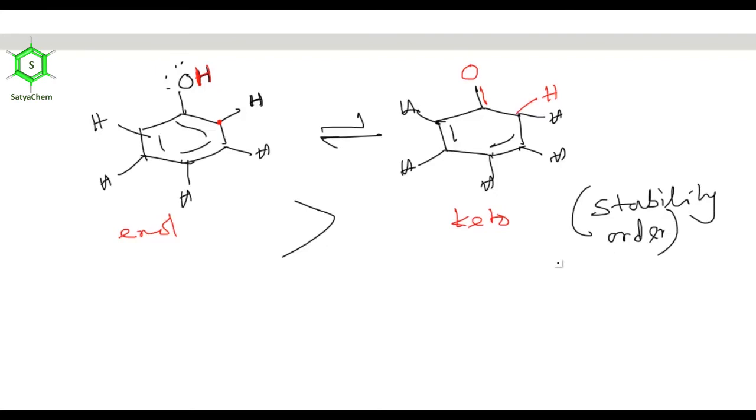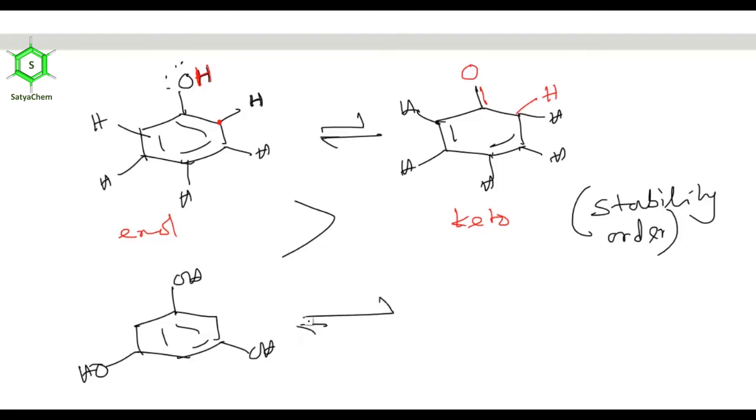Clear? But now I am going to give you another example that is also very interesting. That is 1,3,5 trihydroxybenzene. Here you are expecting that enol form is more stable than keto form, but here keto form is more stable than this enol form.